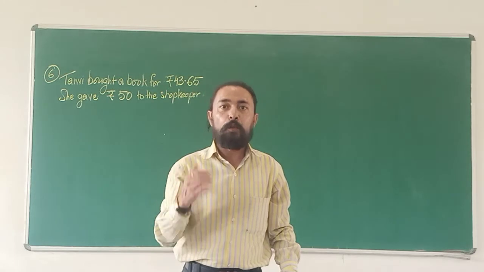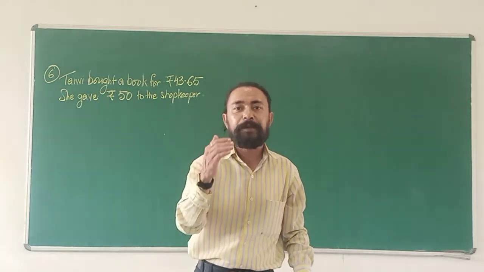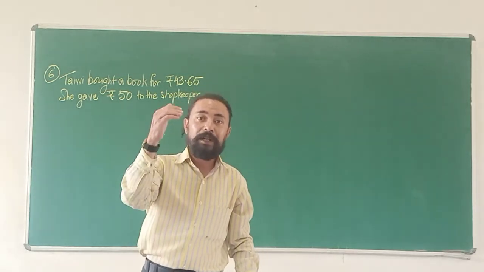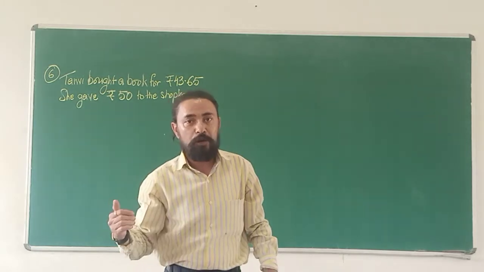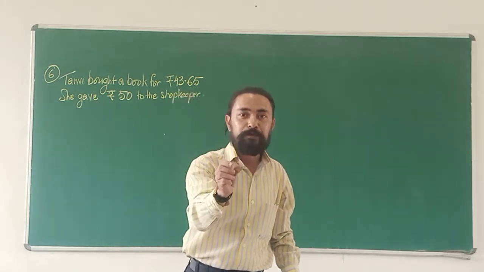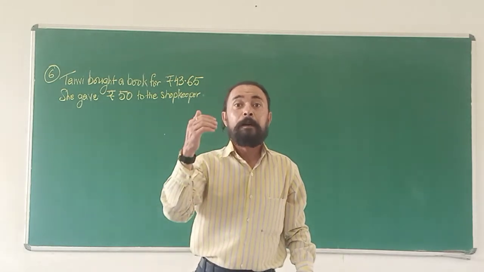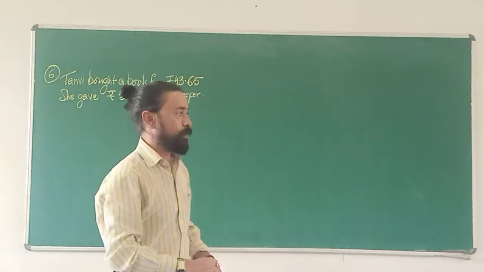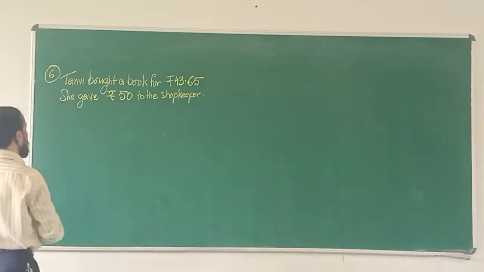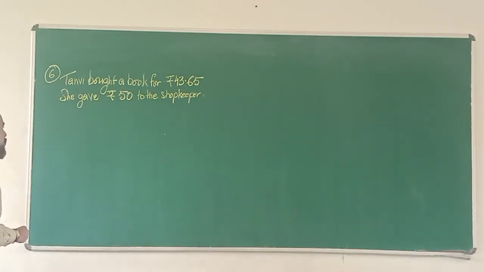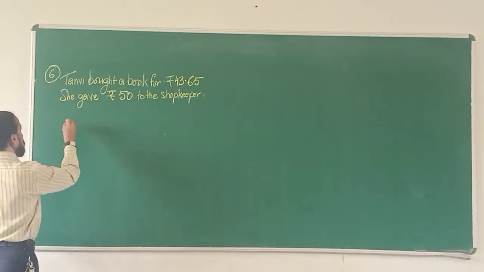How do you come to know what operation is involved in this? Subtraction. From the money that you have given, take away the cost of the article. That amount is the money that has to be returned by the shopkeeper to you. So, how do I find out how much Tanvi gets back?